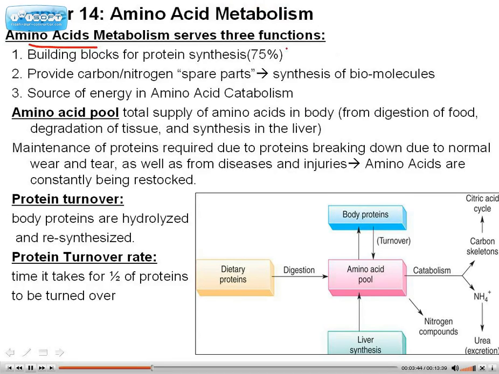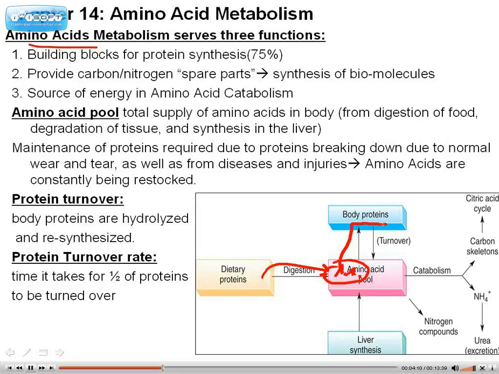So, amino acid metabolism. Now we're going to get into some common pathways for amino acids. First off, here is a general diagram. Here we see proteins that are digested. They immediately form amino acids. Now, there's a constant turnover where the amino acids are synthesized into important body proteins. This anabolic process we've already talked about.